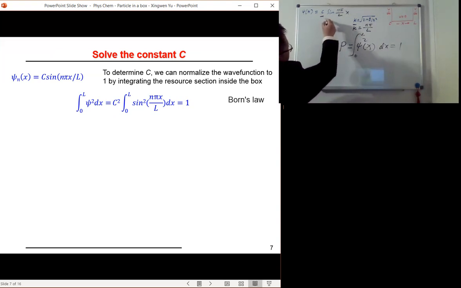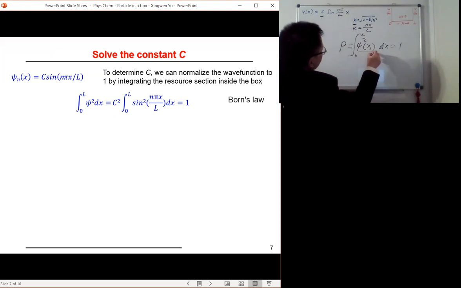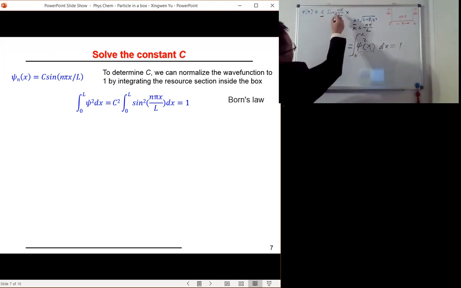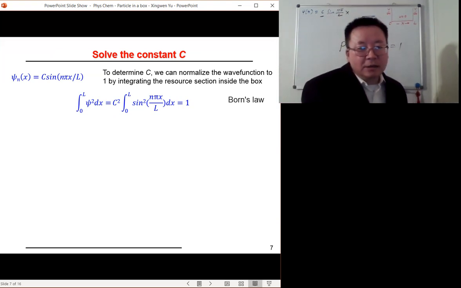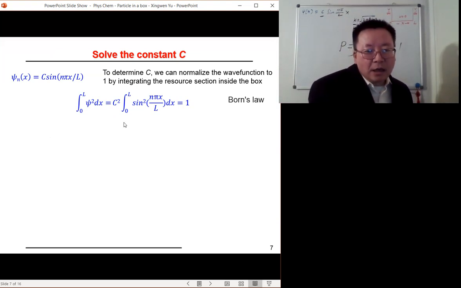And we can substitute psi, the wave function, with C sine n pi over L x, and then we obtain the expression shown as the blue text on this slide.